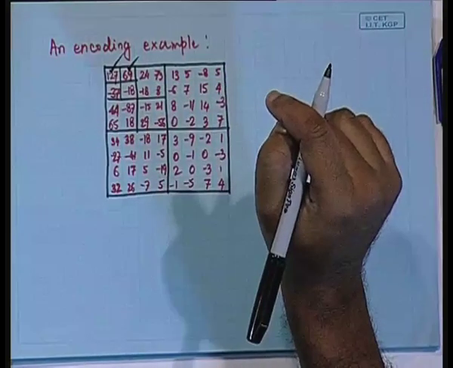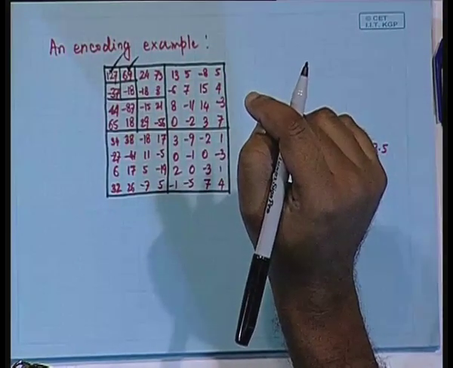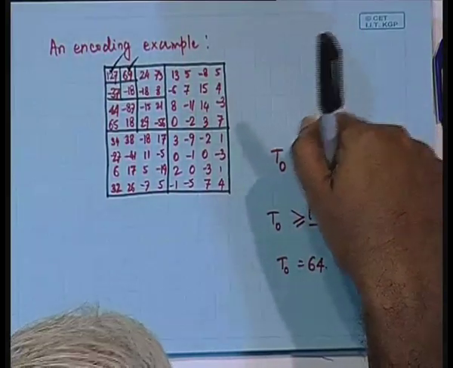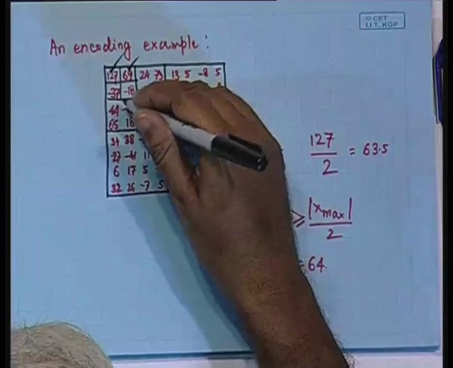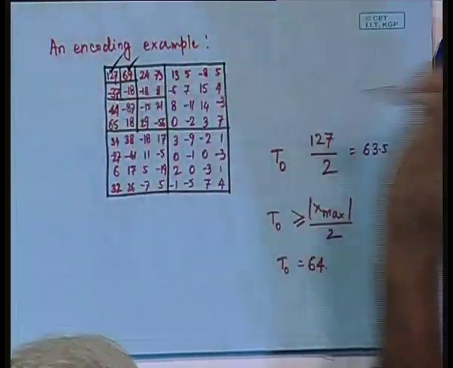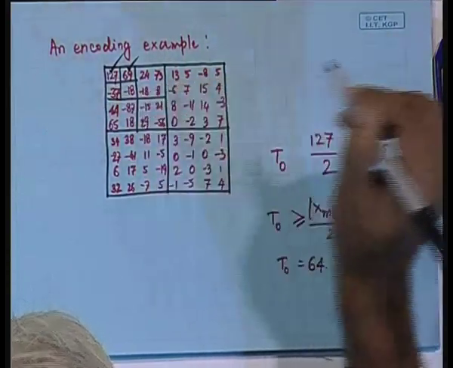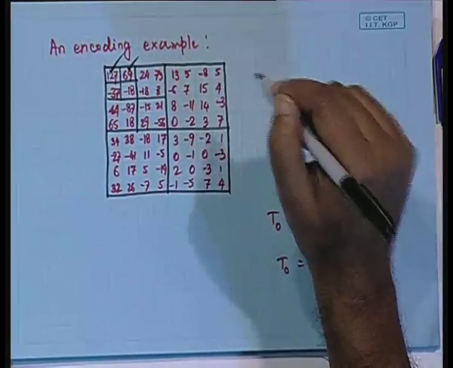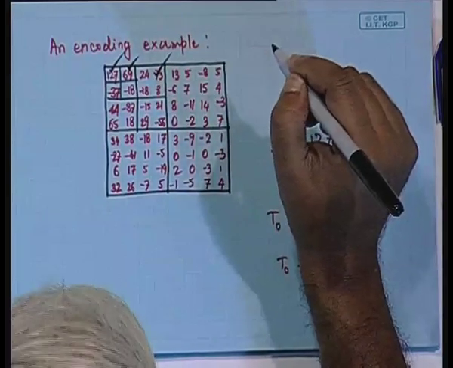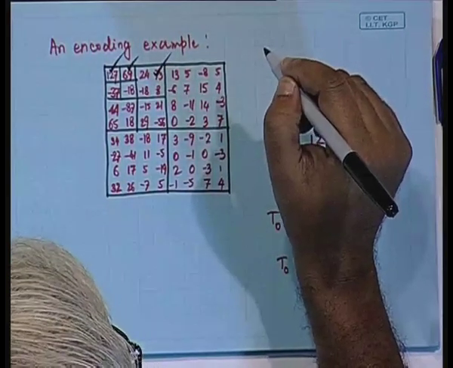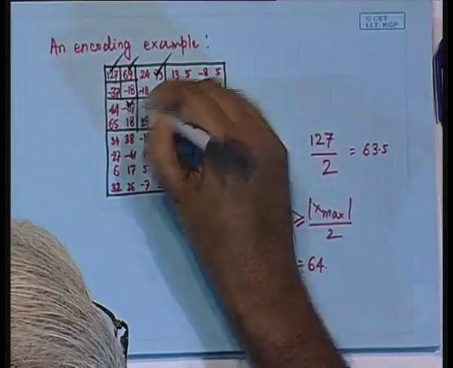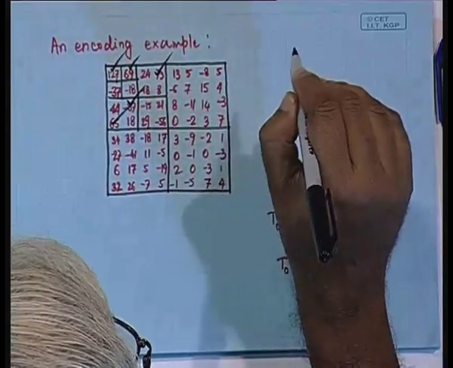Come to minus 37, this is not significant, because the threshold is 64 and the mod of x is 37, which is less than the threshold. So, this is not significant. Again, in this HL2 we find that 73 is significant. Here in this subband, minus 87 is significant, and 65 is significant.